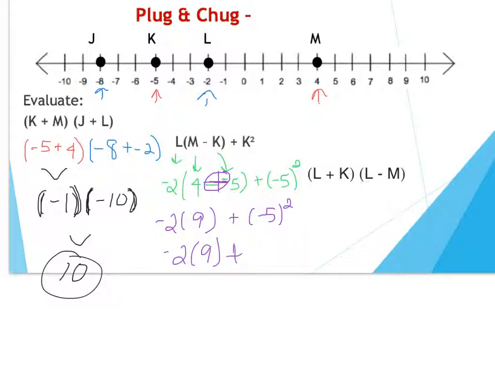So -5 times -5 is a positive 25. Multiplication next. -2 times 9 is -18. Plus 25 is going to be 7. Different signs, so I subtract. And there was more positive, so it's a positive 7. Alright, go ahead right now and on your own solve the next problem, plugging in the numbers for each variable.